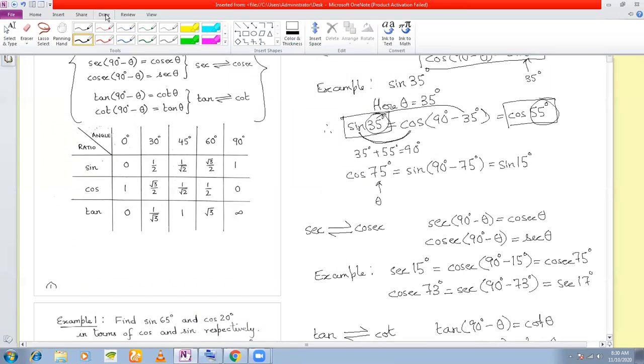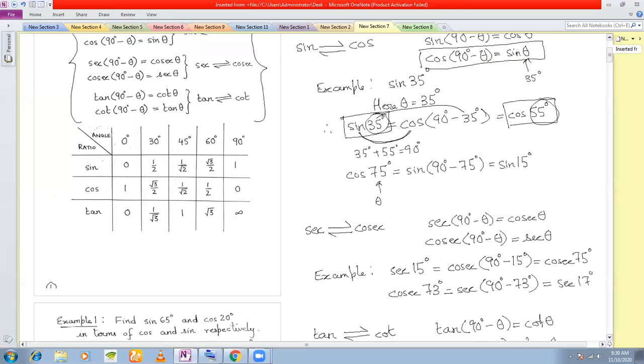Sine of 0 is 0. That means the value of sine of 0 degree is 0. Standard value. Remember, sine 0 is 0. Next, sine 30 degree is half. Remember, sine 30 degree is equal to half.